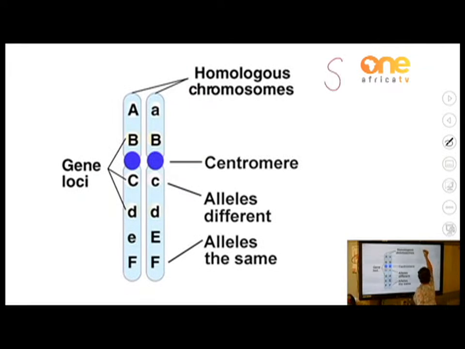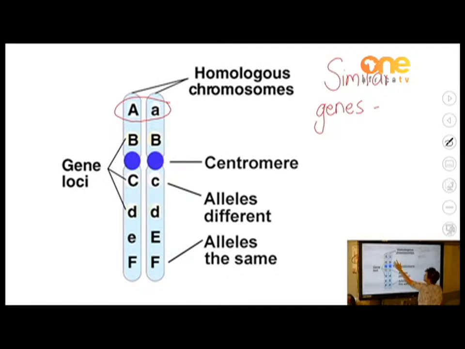These two are similar because they have the genes for the same characteristics. It is not the same genes. We can see the gene that is on that locus is the gene for a specific characteristic, but it is not the same.